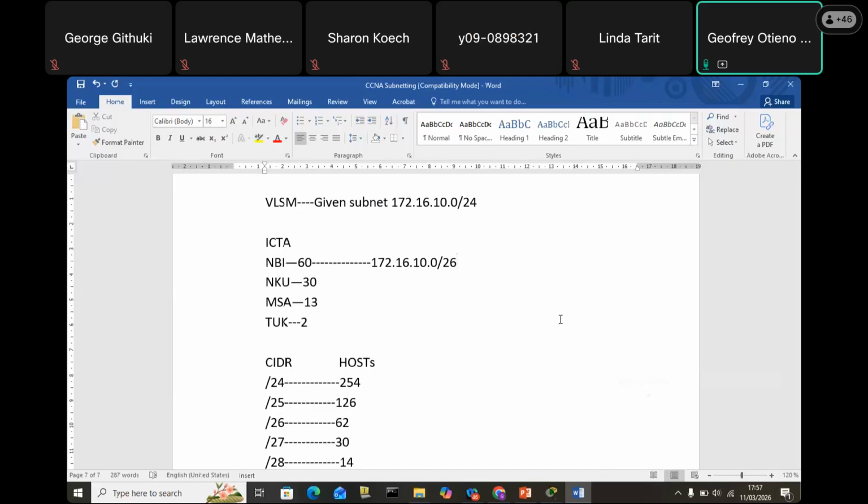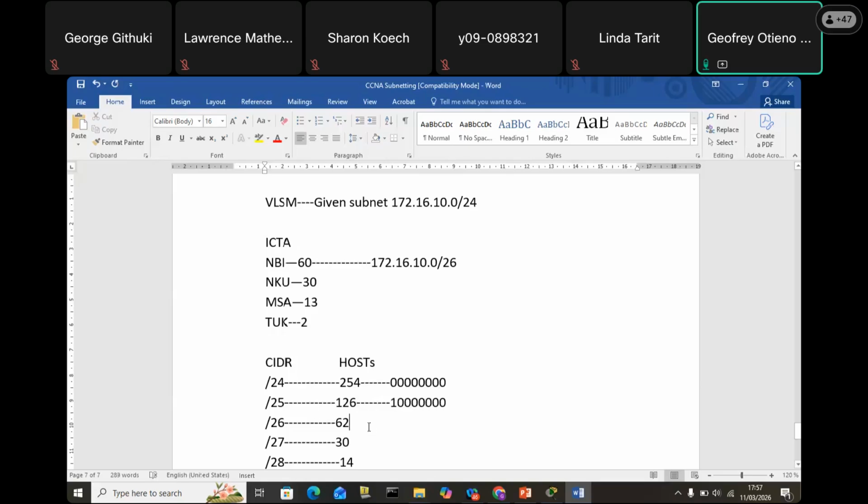Into decimal? Maybe what I need to do is write those binaries out. 1, 2, 3, 4, 5, 6, 7, 8, because there's nothing borrowed here. It is 1, 1, then 1, 2, 3, 4, 5, 6, 7.